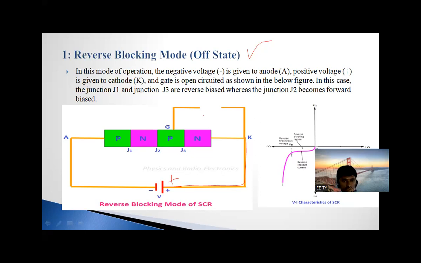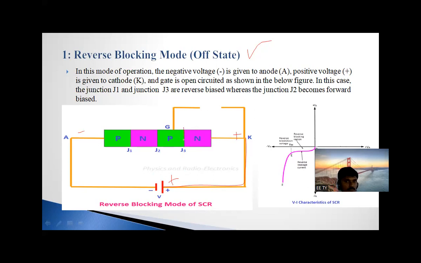So due to this, what will happen? Junction J3 and J1 will become reverse biased junctions. Is it right or not? I told you this in the morning. If the cathode is connected to the positive and the anode is connected to the negative, the N type material is made positive with respect to the P type material.